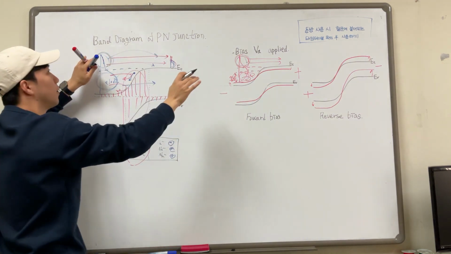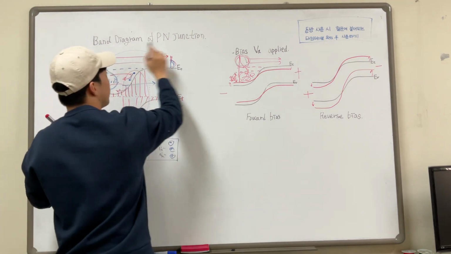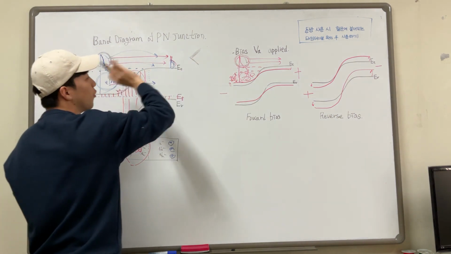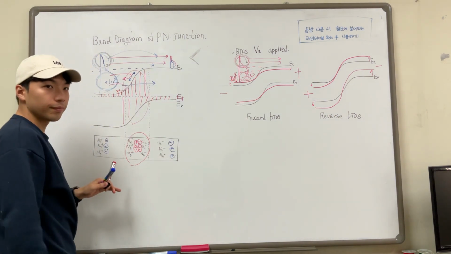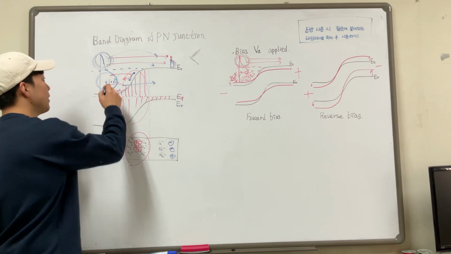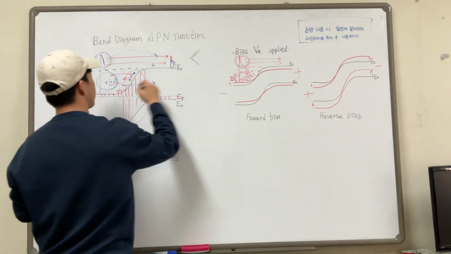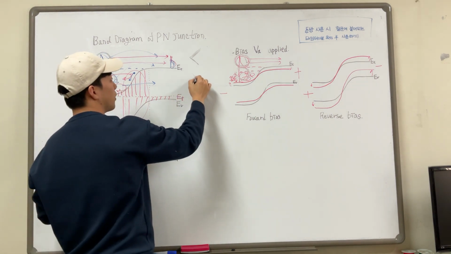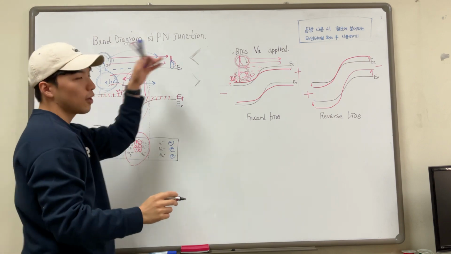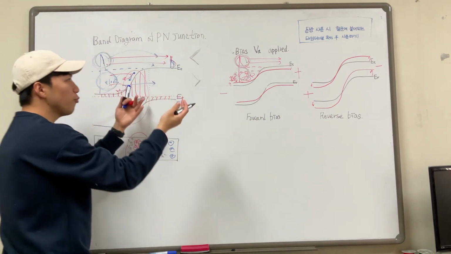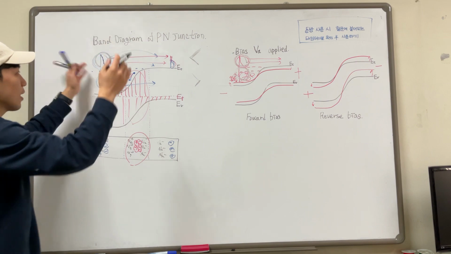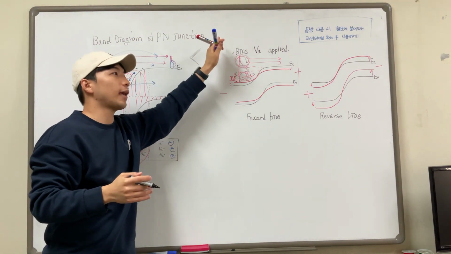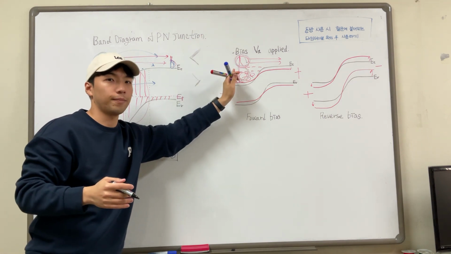This state is easier to move to the p-type semiconductor, and compared with this, the equilibrium state is harder to get to the p-type semiconductor. So when we apply forward bias, it is easier for electrons in the n-type semiconductor to get to the p-type semiconductor.